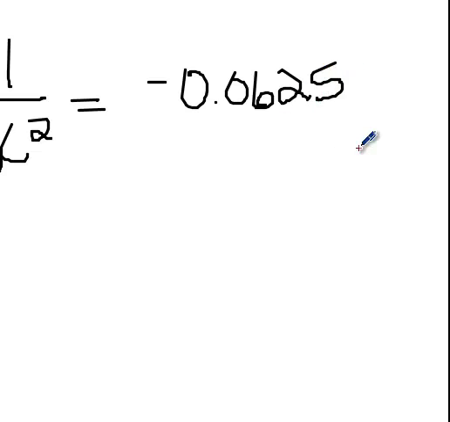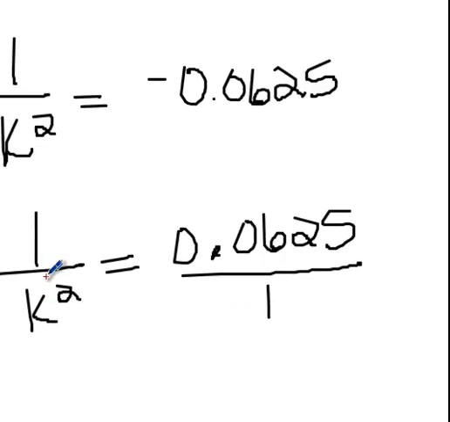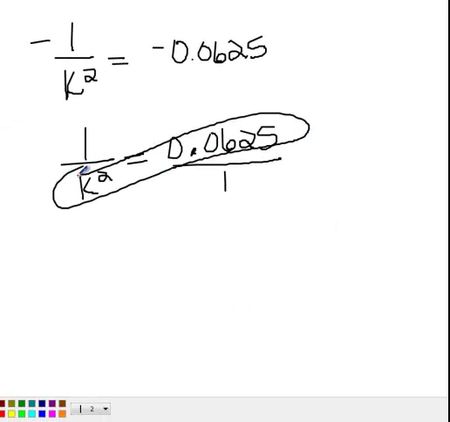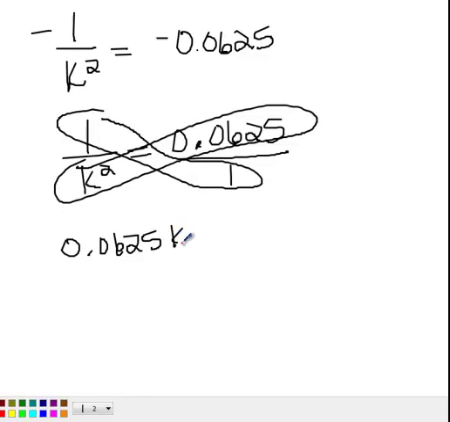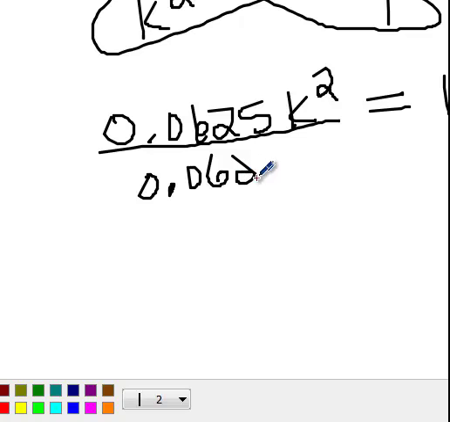0.0625. Well, both of these are negative, so we can just change to positives. We're going to eliminate the negative sign. What you can do now, you can put this over 1 if it's easier for you, and then we can cross multiply. So then I have 0.0625 k squared is equal to 1. To get k squared by itself, I'm going to divide both sides by 0.0625.